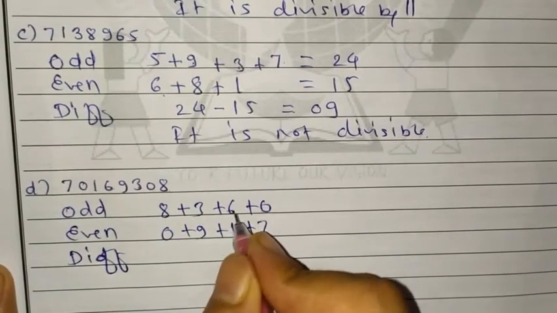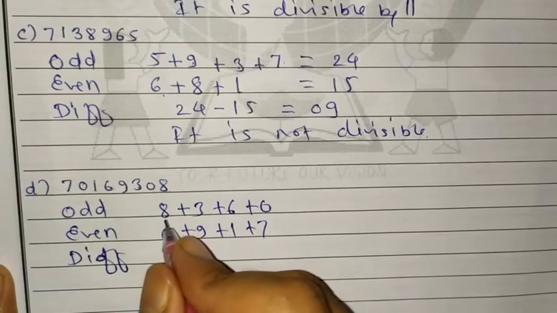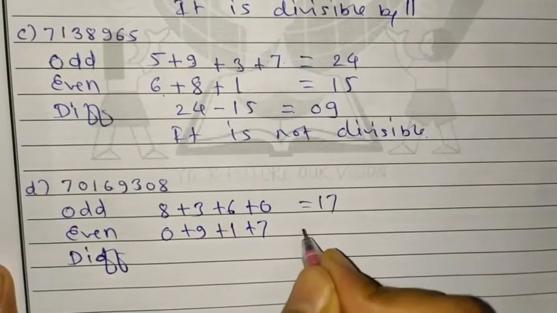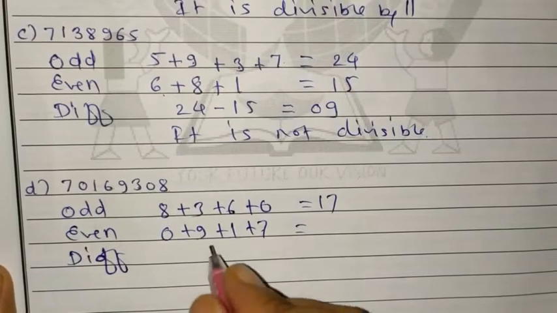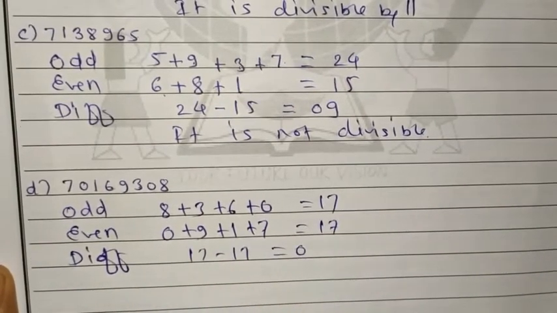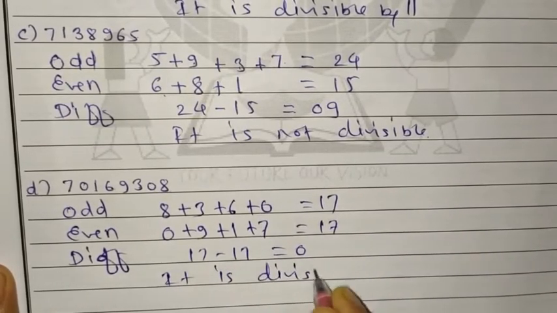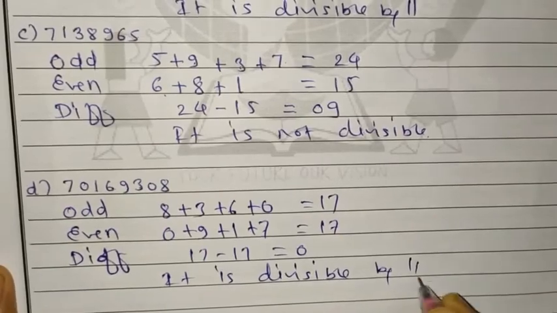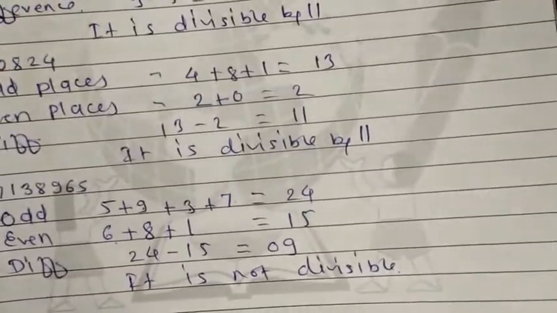Do the calculation. 6 plus 3 is 9, here it is 17. 7 plus 1 is 8, 8 plus 9 is 17. So their difference is 0. It means it is divisible by 11. After that, moving to the next question.